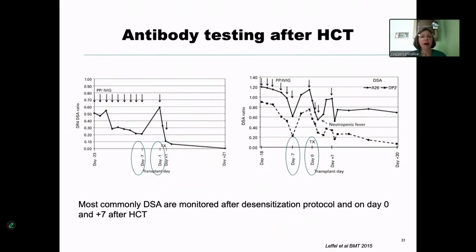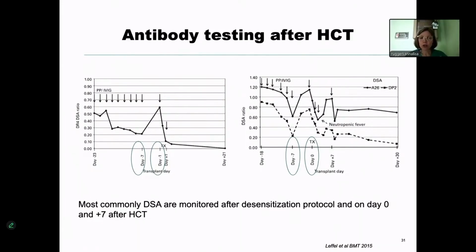rescue donor. One important recommendation is also to monitor after the desensitization protocol, and then consider also a further test at day 0 and at 7 days after transplantation in order to start, in case of presence of residual DSA level, sequential IgIV or other monitoring for the possible risk of graft failure.